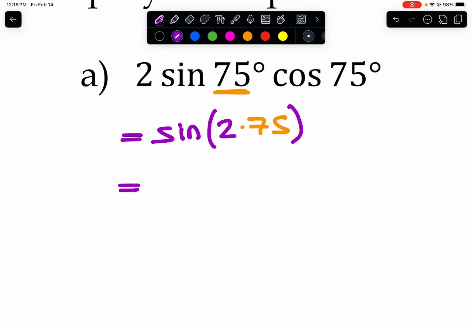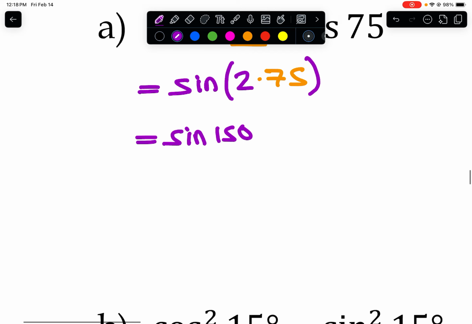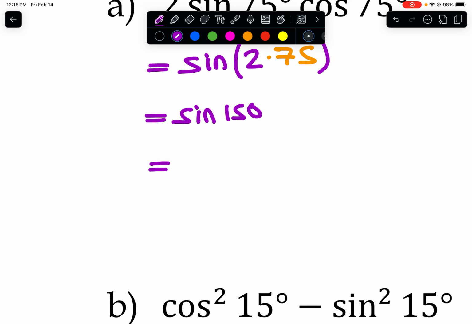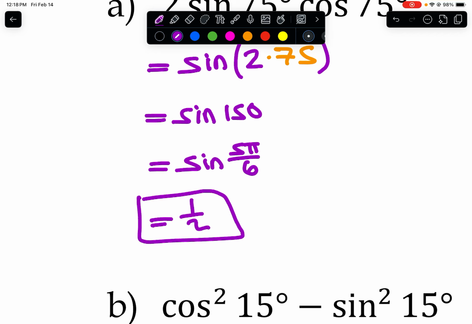So this turns into sine of 150 degrees, which is on your unit circle. Sine of 150 is the same as sine of 5 pi over 6, which I like to think in radians personally, and that is positive 1/2.